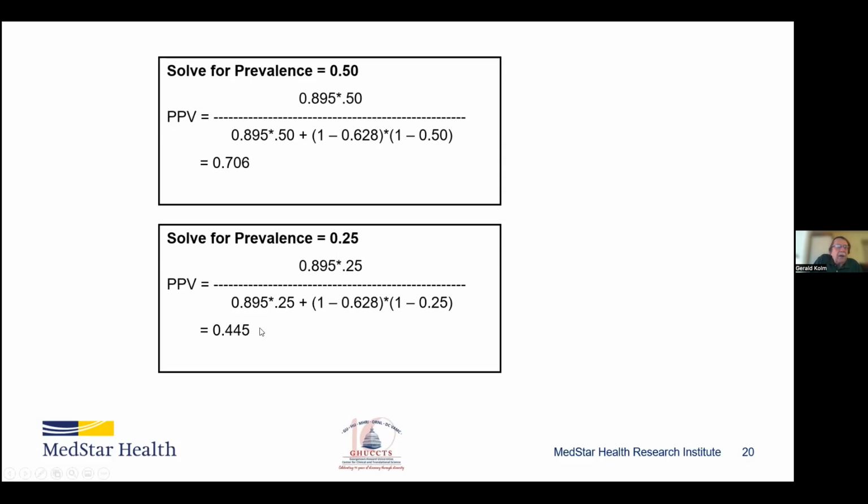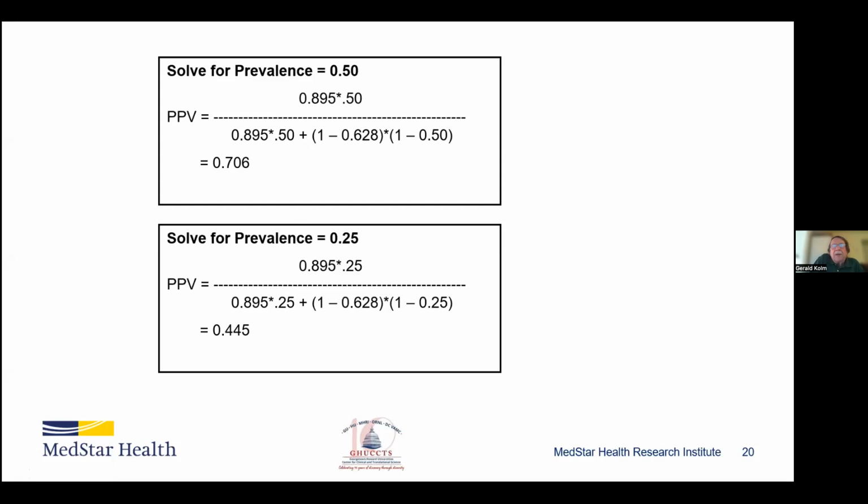So now in this particular population, if a patient tests positive for the disease or abnormality, then the probability that they actually have the disease is only about 0.4. And so you can see that as the prevalence decreases, our positive predictive values really decrease.